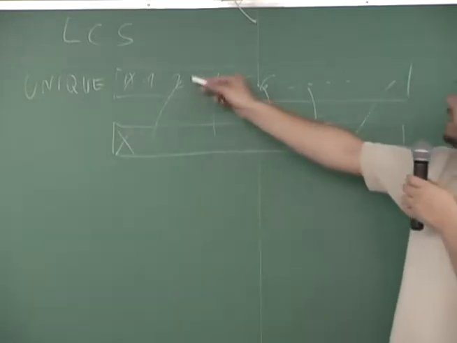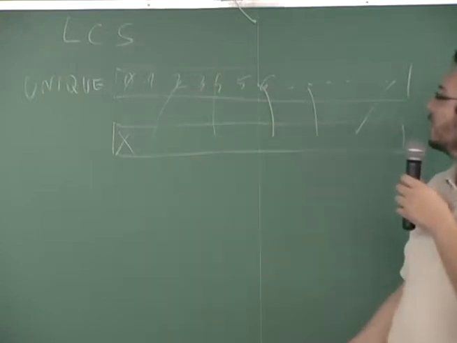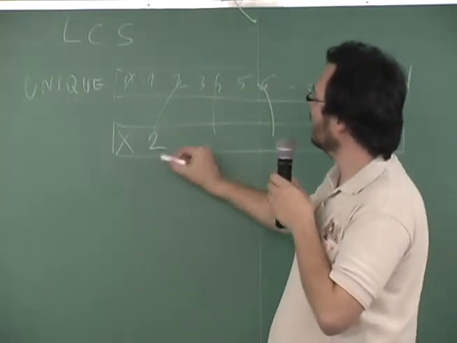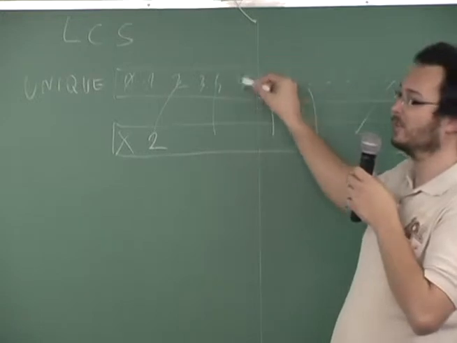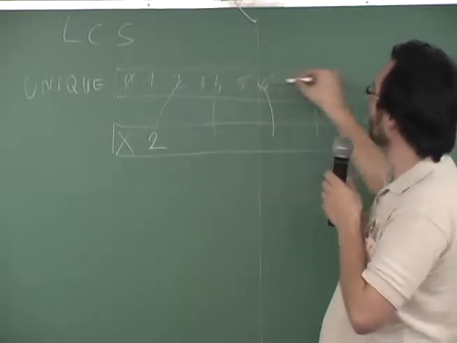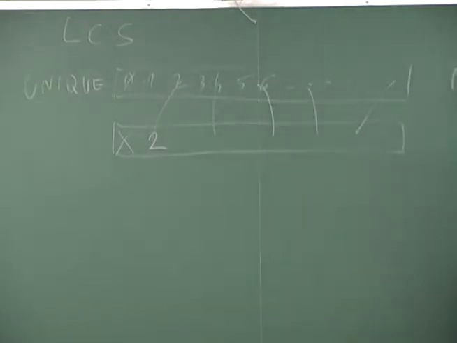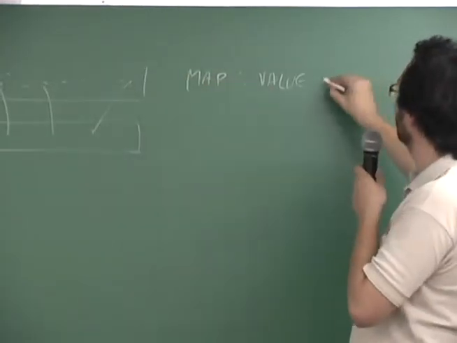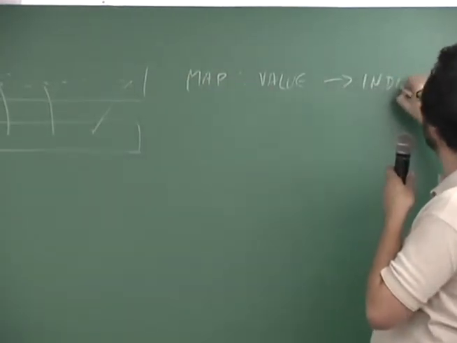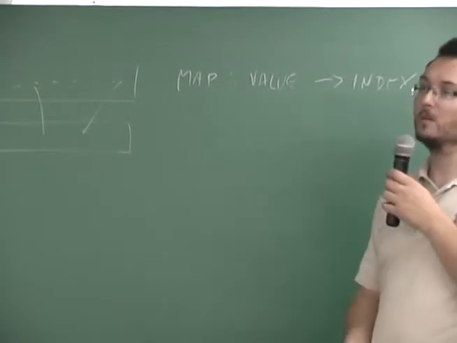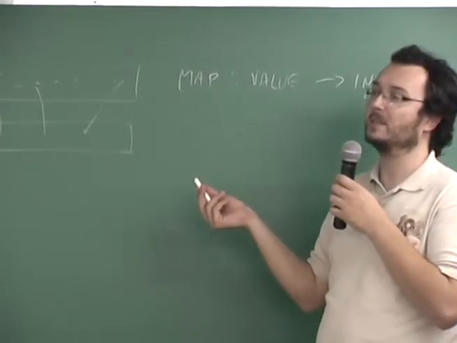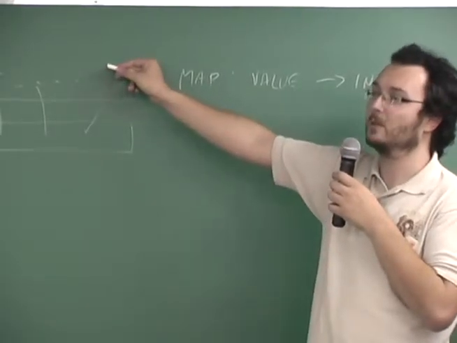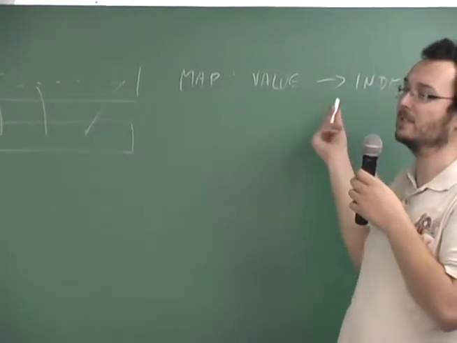And if it is in the original sequence, we will find its place where it's there. So to do this, we can have a map which will map the value that occurs in the first sequence to its index. So for each value, we can then find in logarithmic time whether it is contained in the first sequence, and if yes, what is its index.